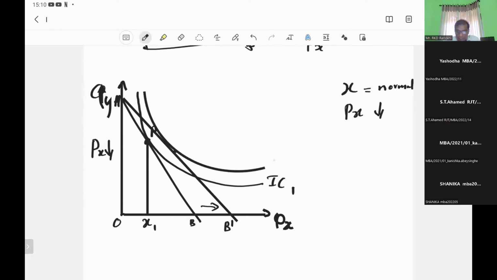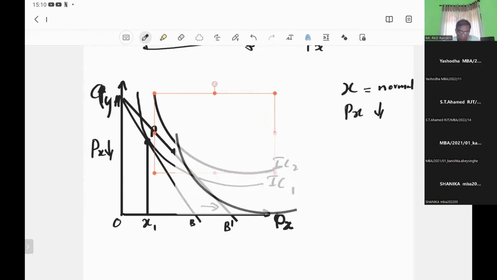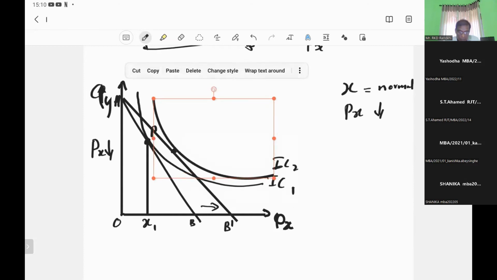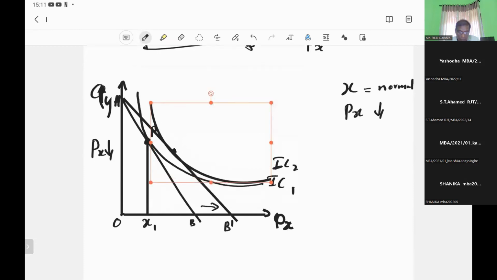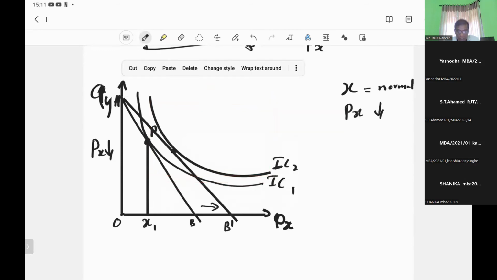That is indifference curve 2. Assume that this is the tangent point.